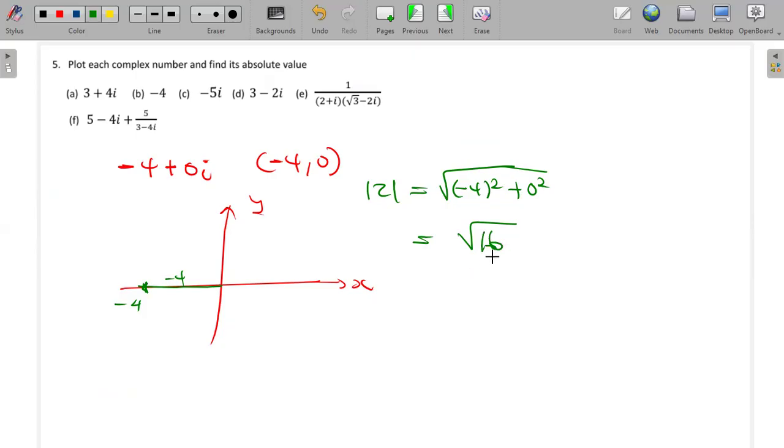And the root of 16 is just 4, which makes sense, because if we have this -4 as the only number, the absolute value there is going to give you 4, since you always get a positive value from there. Okay, let's do the next one.